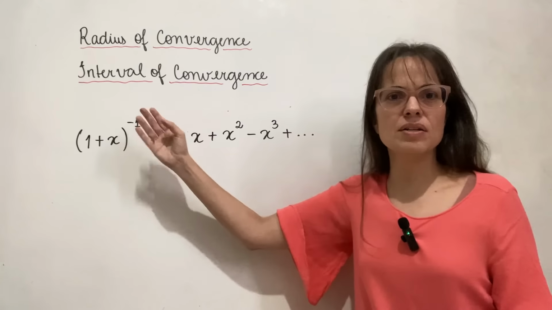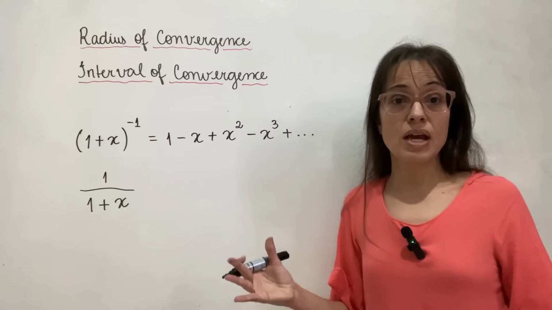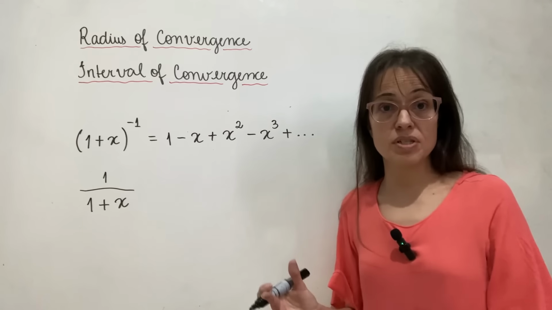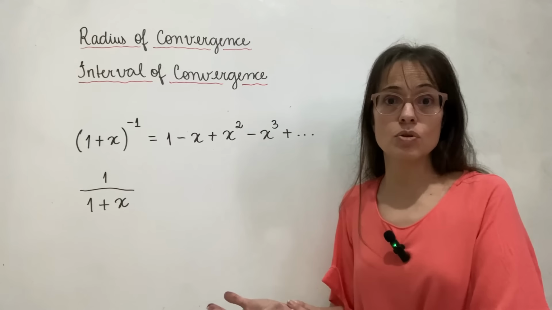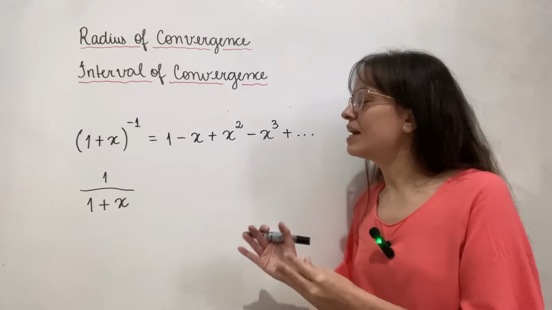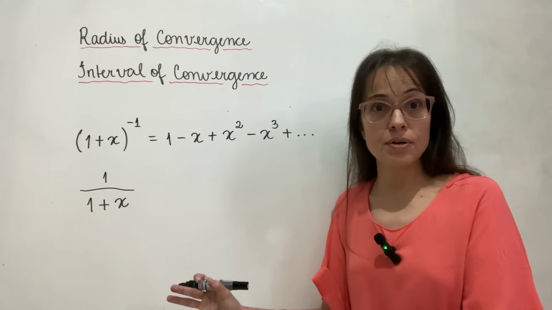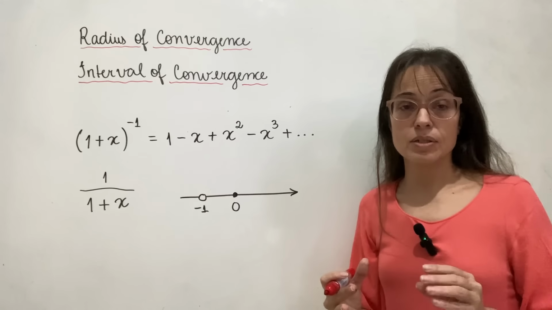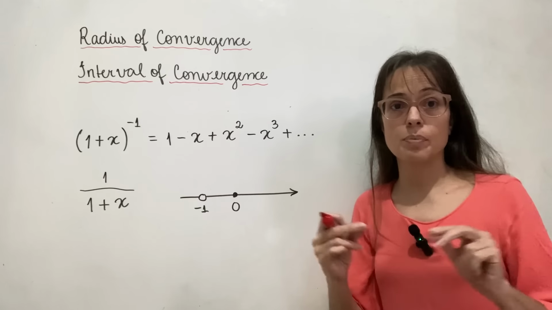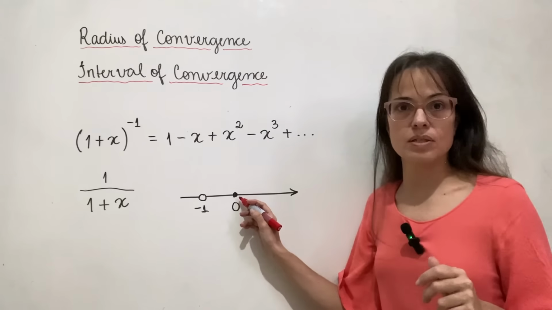Because a power of -1 is a fraction. A fraction has a domain restriction, which is that you can't divide by 0. So clearly, at least x equals -1 would not work here. But it's actually worse than that because we are making our approximations around x equals 0.